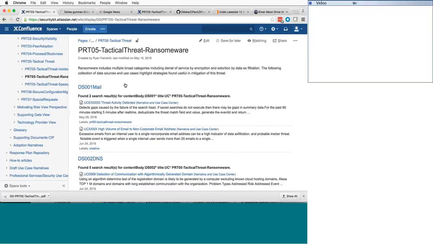And the idea is to take the broader threat and address what data sources you should be looking at, what you are going to see in those data sources, and how those data sources will help you to mitigate this risk.